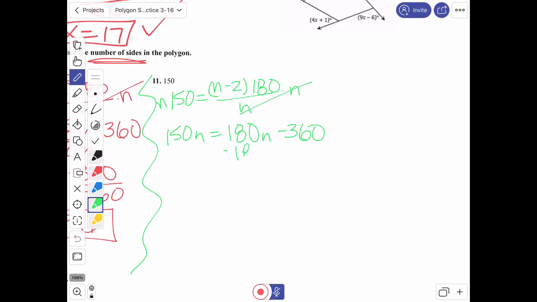Subtract 180n on both sides, and you get negative 30n equals negative 360. After you divide by negative 30, n equals 12.